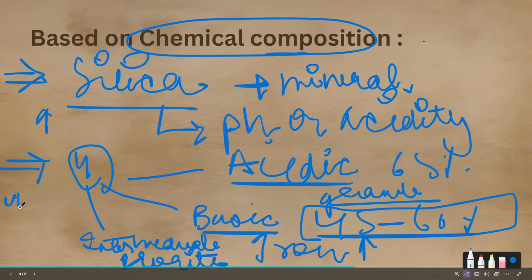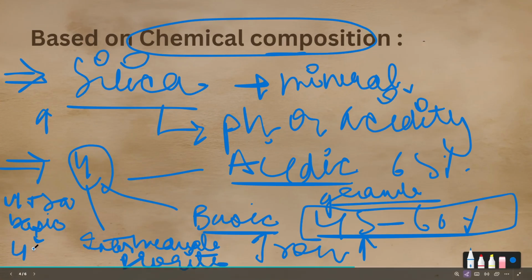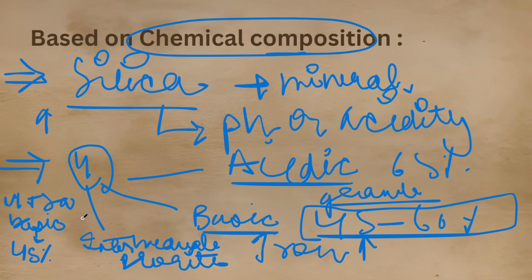Last is the ultra basic igneous rocks. In this rock, silica content is less than 45%. The example is peridotite.